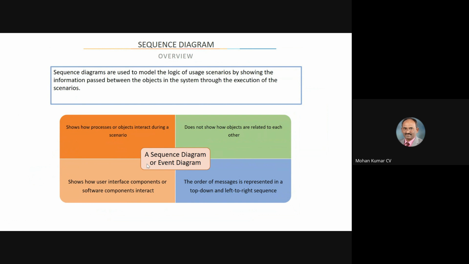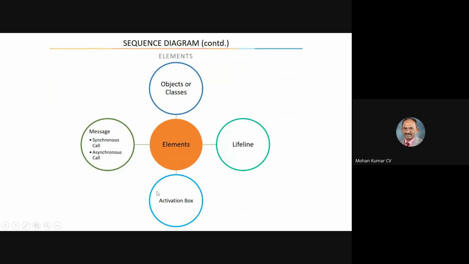If you have multiple scenarios, you put them in sequence. A sequence or event diagram shows how processes or objects interact during a scenario. It does not show how objects are related to each other. The order of messages is represented in a top-down or left-to-right sequence, and it shows how interface components or software components interact.